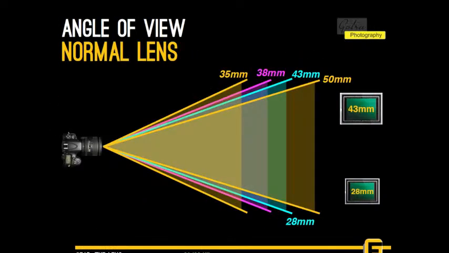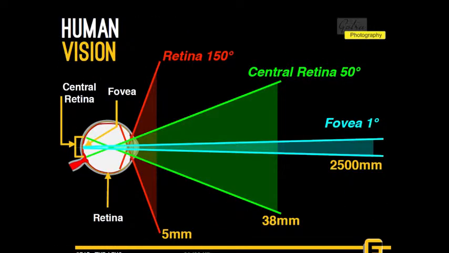So let's talk about the lens now. The lens works quite like our eye. Our eye basically has a field of view, which is how far we can see. Our eye is not like a fish eye.